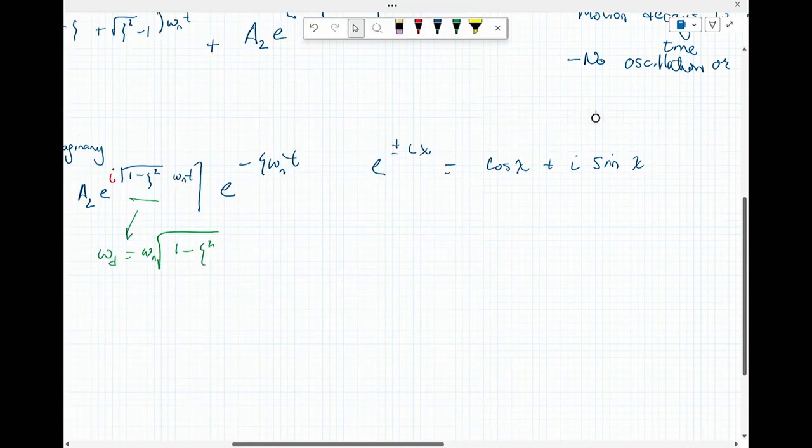So if you're looking at cos x plus i sine x, that looks a little more interesting as a way of writing out these solutions.